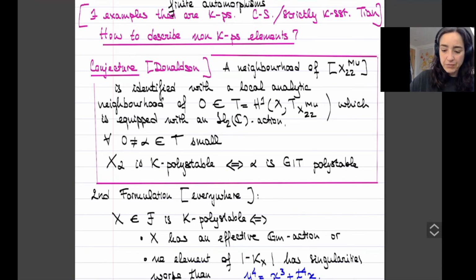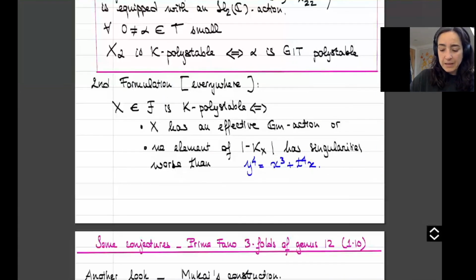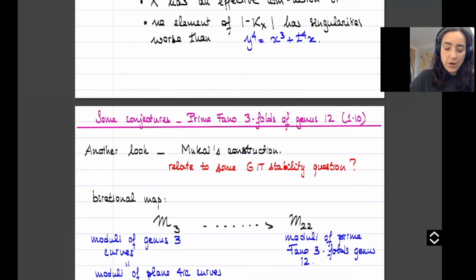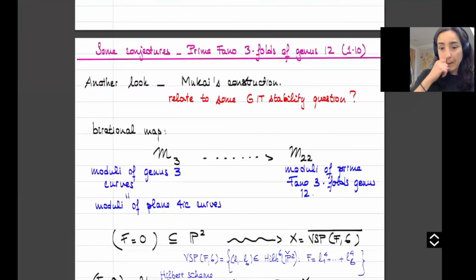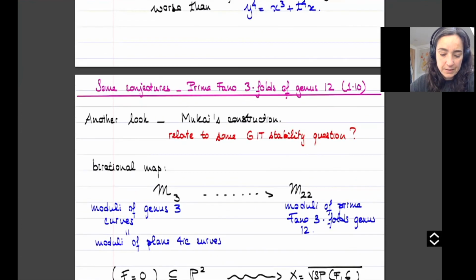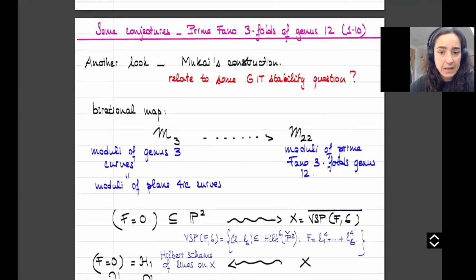So this is a really hard condition to check. And somehow the hope, but that's very much a very wild hope which has little substantiation, is that you can relate it to some other GIT problem.